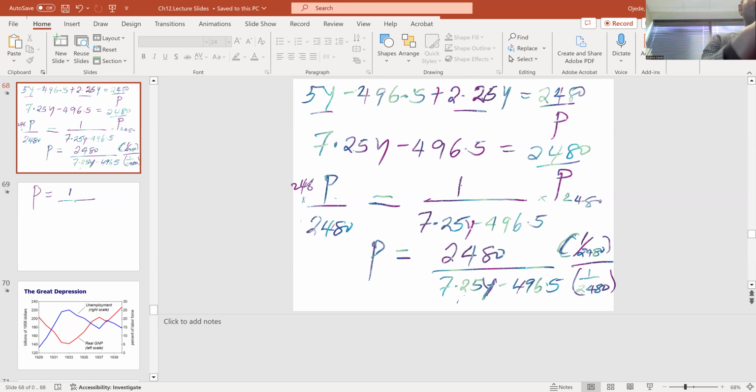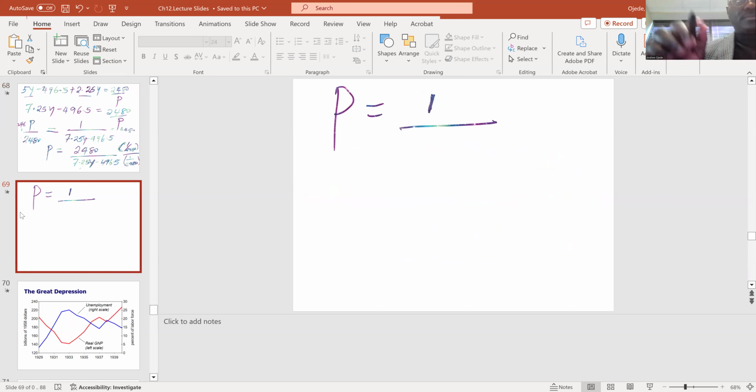So the first term is 7.25 divided by 2480. I get 0.0029, and that has a Y in it.